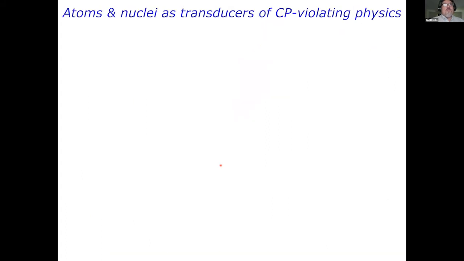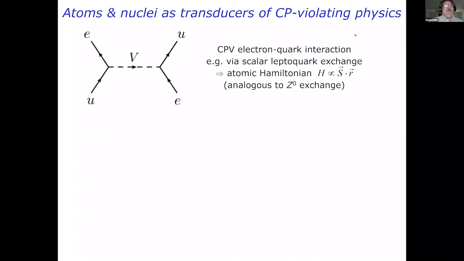So much like for parity violation, atoms and nuclei can act as a sort of transducer of CP violating physics. For example, if there's some new exotic particle exchange between electrons and nuclei, or the up or down quarks in the nucleus, that gives rise to a CP violating atomic Hamiltonian.